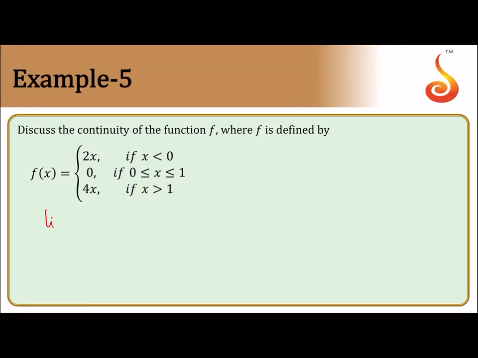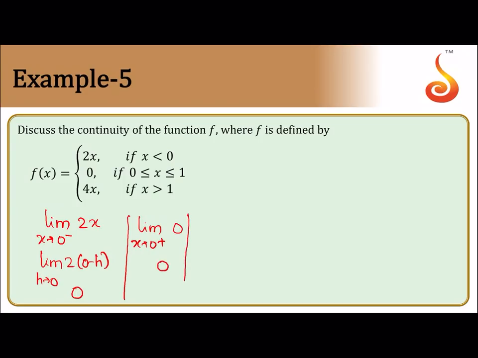Now discuss the continuity of the function where f is defined: f of x equal to 2x when x is less than 0, 0 between 0 to 1. So let us check at 0. Limit x tending to 0 minus, you have to write 2x. This can be written as limit h tending to 0, 2 into 0 minus h, which will give you 0. This is the left hand limit.